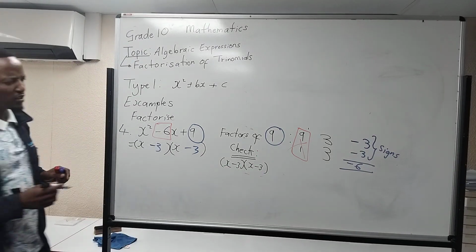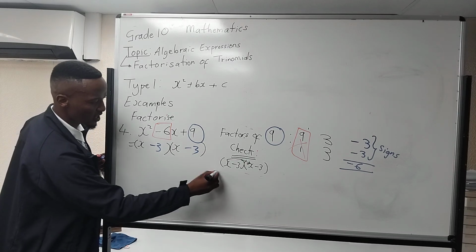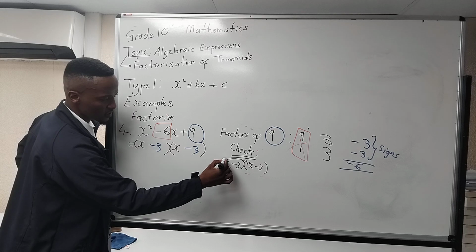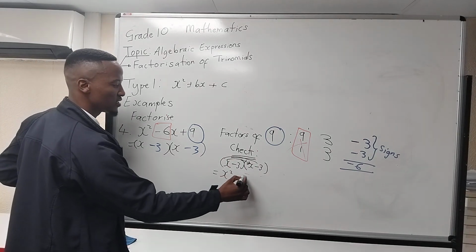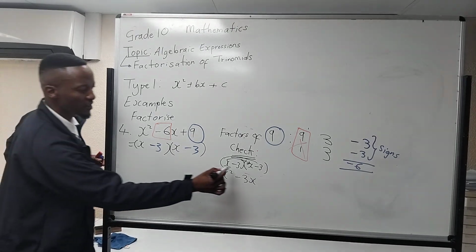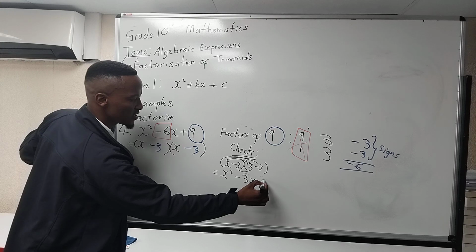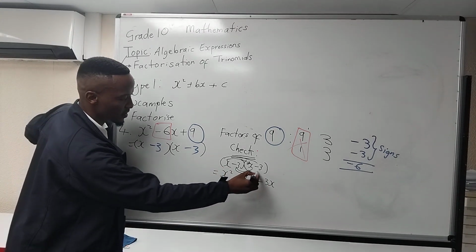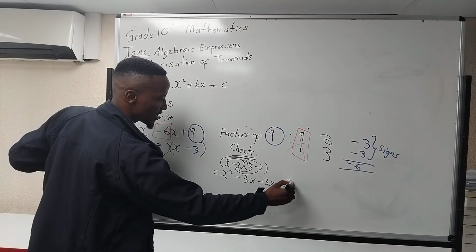We are having x minus 3 multiplied by x minus 3. Now I'm multiplying x by positive x, we are having positive x squared. Then positive x multiplied by -3, we are having -3x. -3 multiplied by positive x, we have -3x. -3 multiplied by -3, we get positive 9.